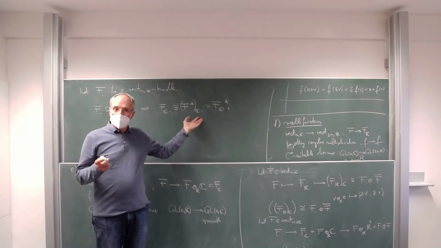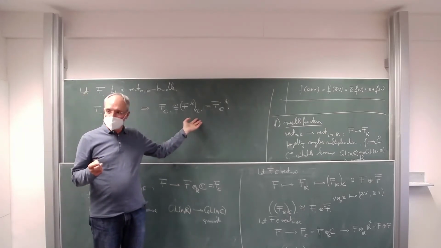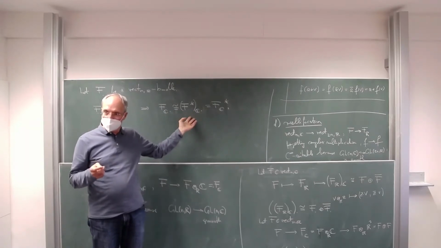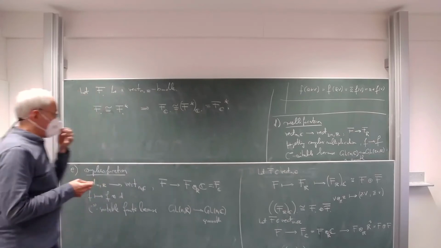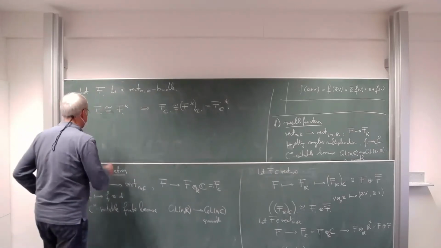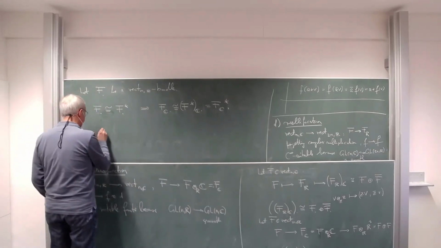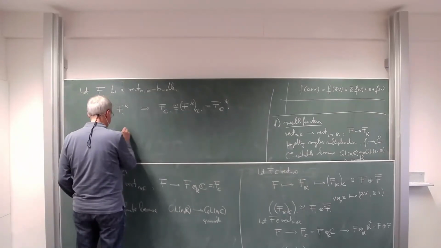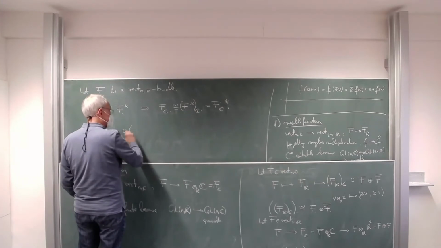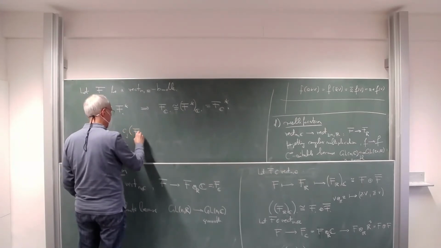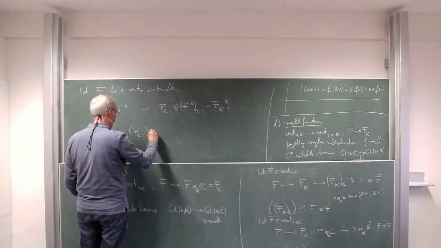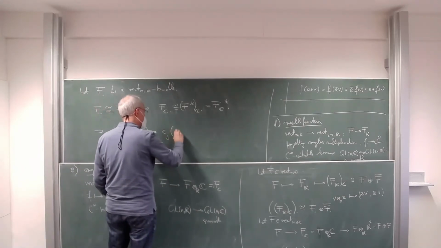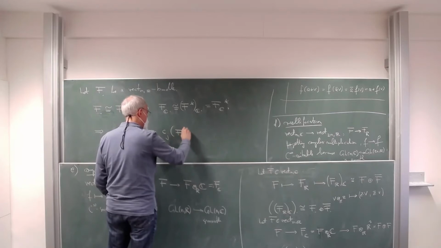This already also tells us that, for instance, the tautological bundle over CP^n cannot be the complexification of a real bundle. Anyway, we know that if we take Chern classes, then the Chern class of the complexification of F is the same as the Chern class of the complexification of its dual.